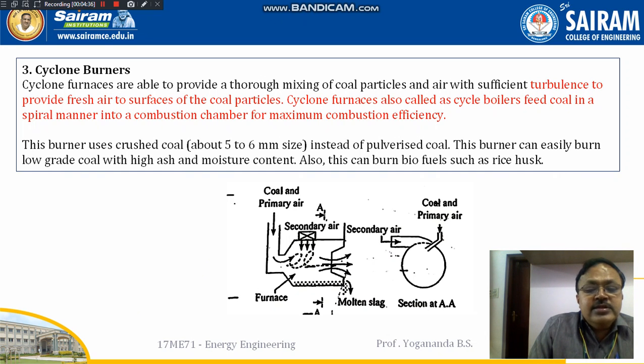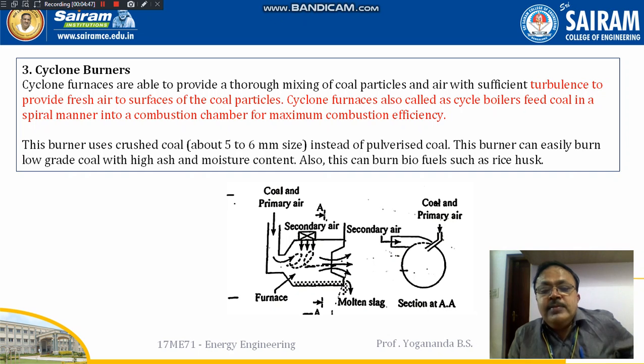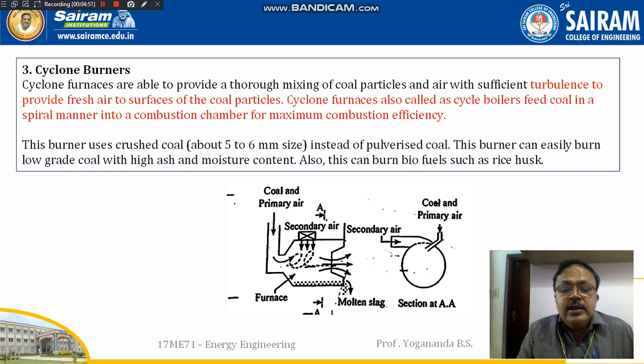The third one is the cyclone burners. They are able to provide a thorough mixing of the coal particles and the air with sufficient turbulence. Because the cyclone furnaces feed the coal in a spiral manner, they are also called cyclone boilers. Maximum combustion efficiency is achieved here.